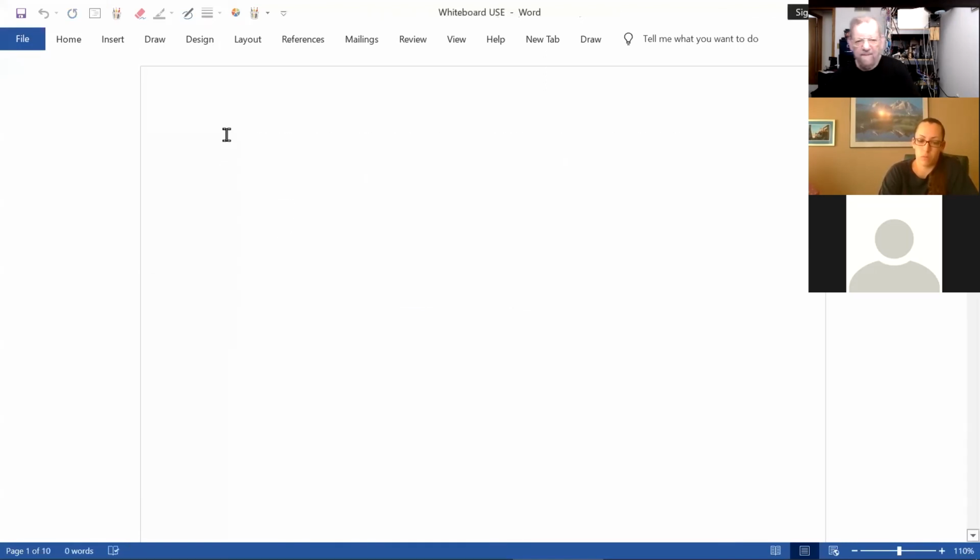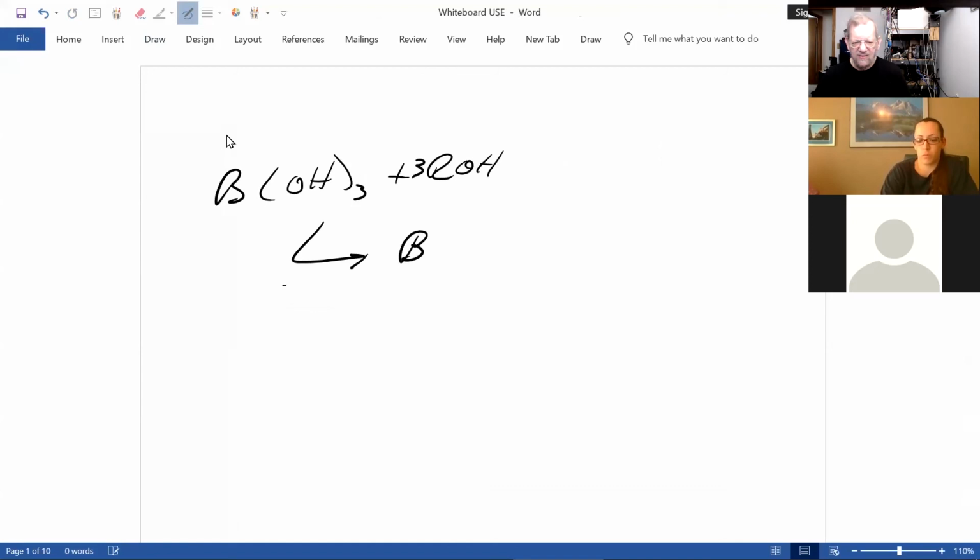All right, boric acid has this structure. And it turns out if you react it with alcohols, everybody see my whiteboard? And this is called a borate ester.